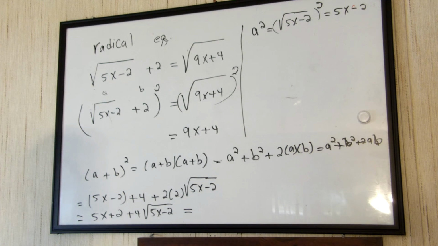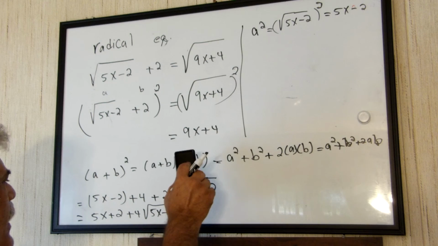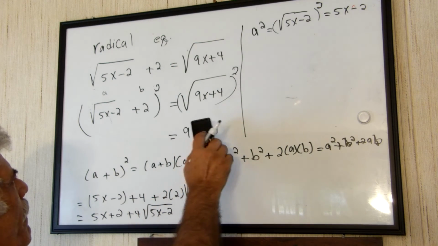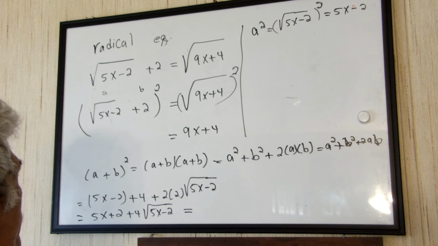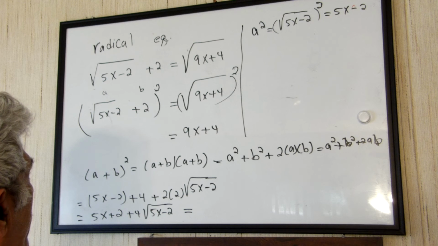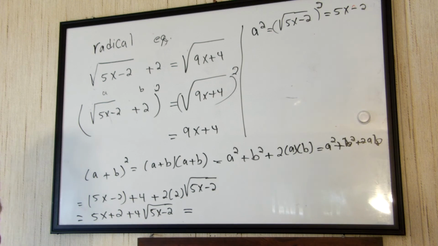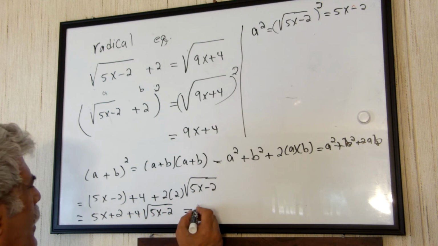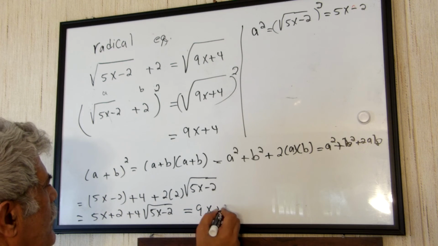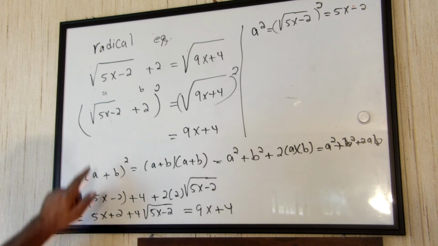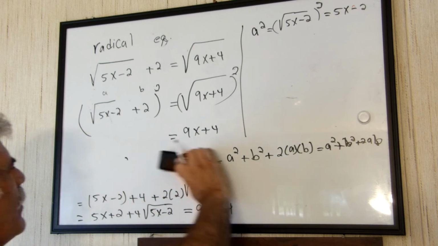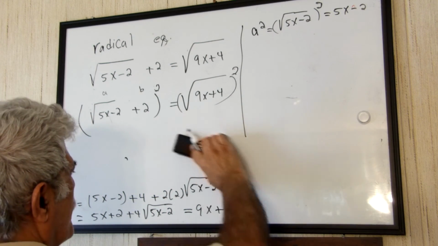But for simplicity, what we're going to do, we write the rest of it 9x plus 4, because this was the result of this.